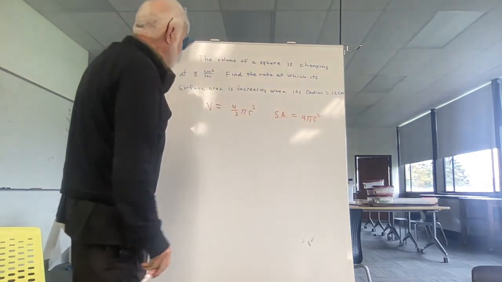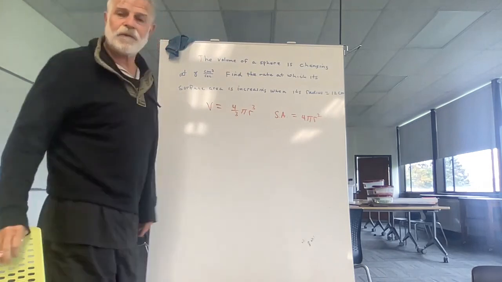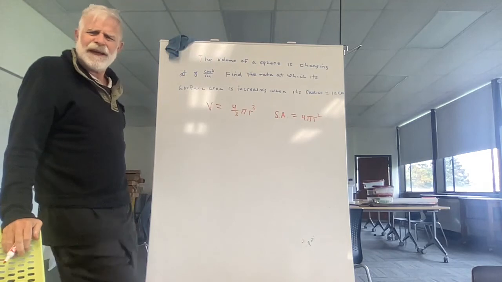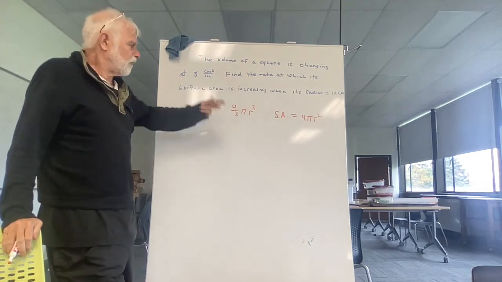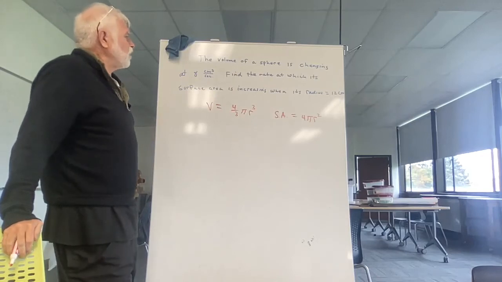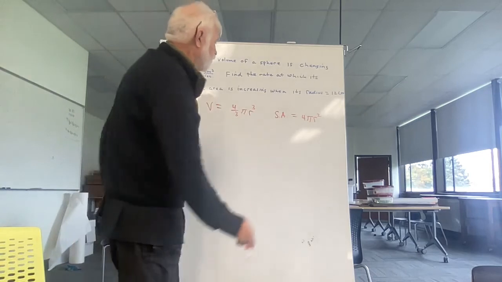Now if we want to bring in comparing it to time, we did a chart, time to radius to area of the circle, a couple days back. So we're going to do dividing by dt in a moment here. Find the rate at which its surface area is increasing. So we've got to take the derivative of surface area.